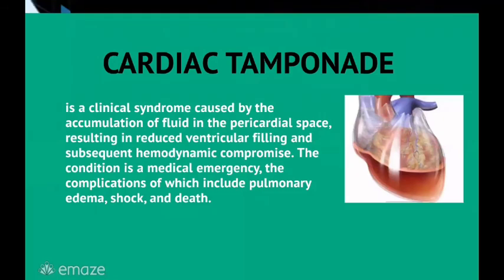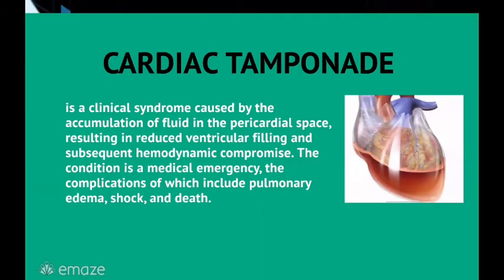Cardiac tamponade is a clinical syndrome caused by the accumulation of fluid in the pericardial space, resulting in reduced ventricular filling and subsequent hemodynamic compromise. The condition is a medical emergency, the complications of which include pulmonary edema, shock, and death.